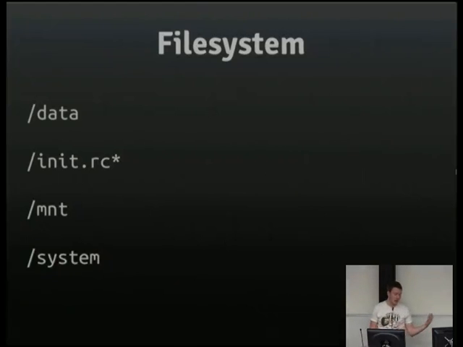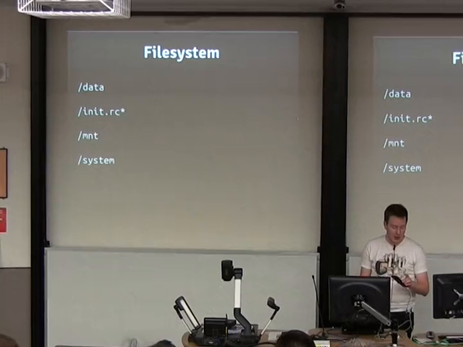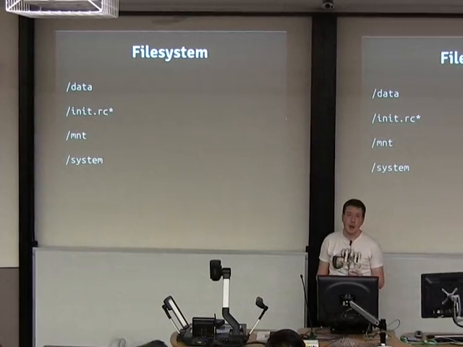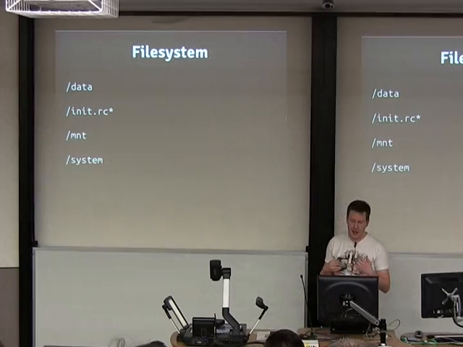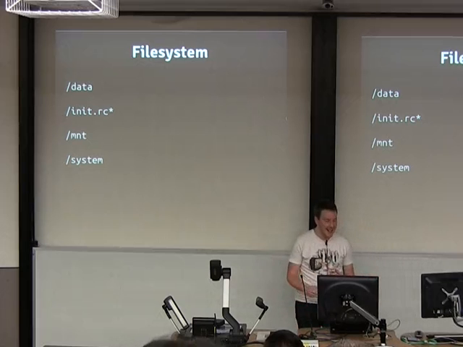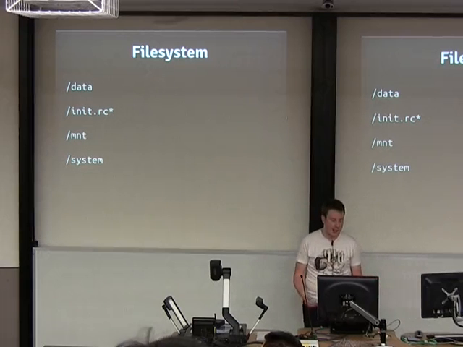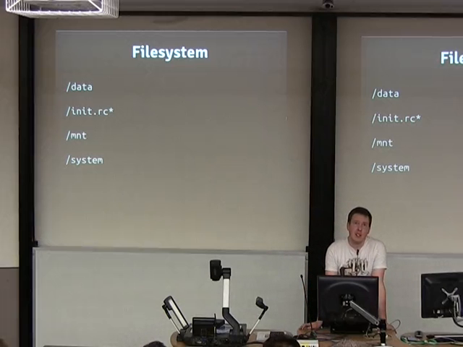So for example, when you turn on a Wi-Fi hotspot on your phone, internally it will spin up dnsmasq and hostapd, and all the usual tools that you would use, say, to turn a laptop into an access point. And it puts the configuration files and so on in /data.